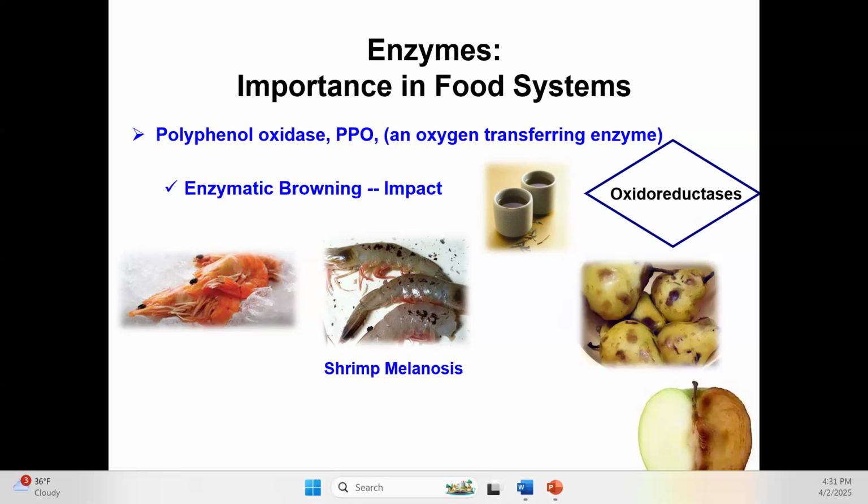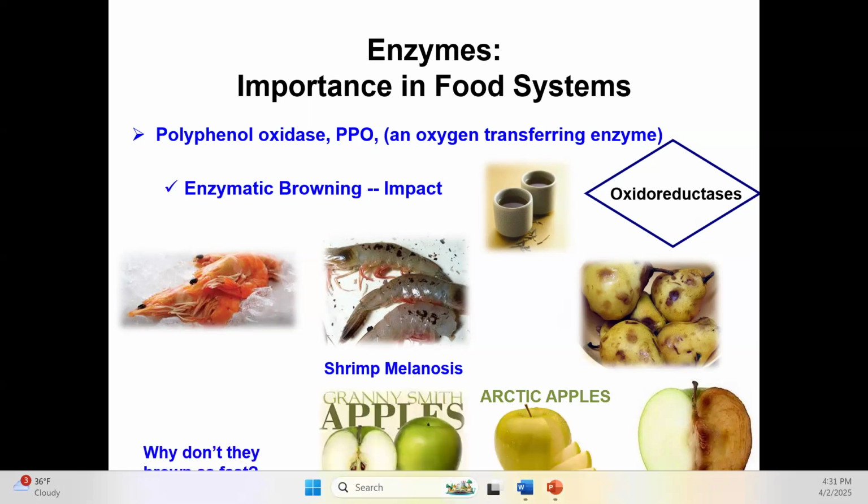And of course, the produce, the fruits, and then the Granny Smith, this was also a College Bowl question. Why does Granny Smith, when you cut it, it doesn't brown as fast as any other apple? Genetically modified. My understanding was genetically modified to have less polyphenol oxidase.